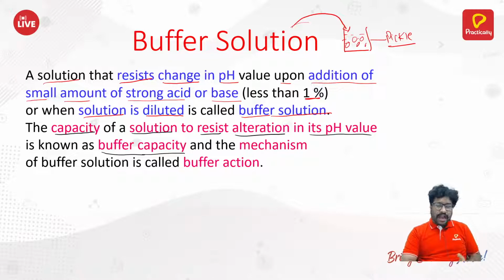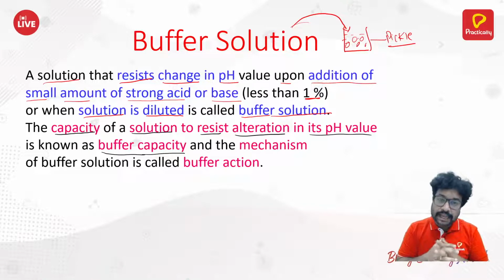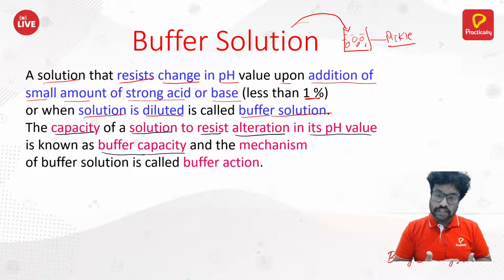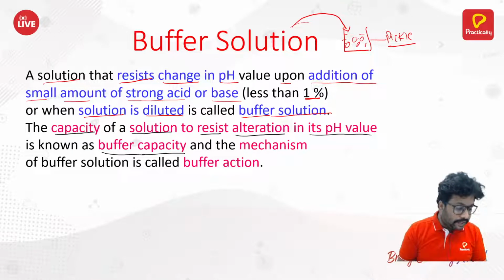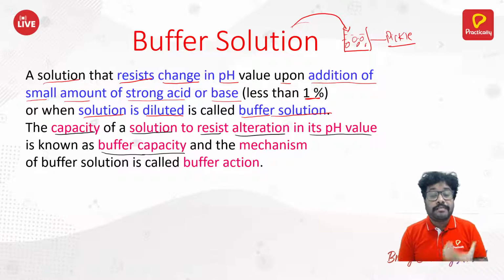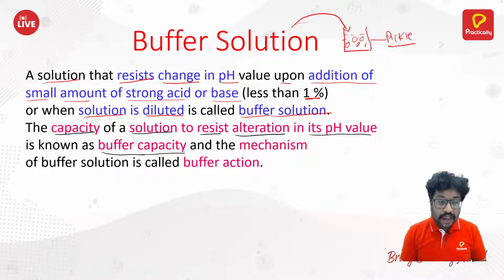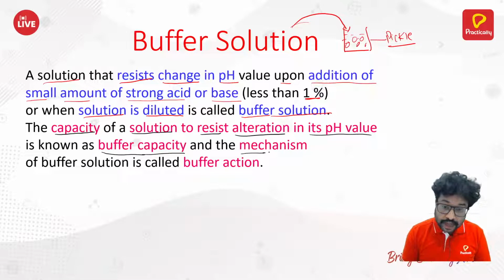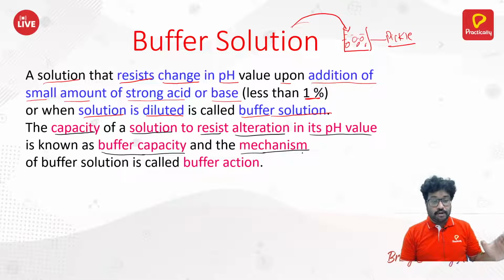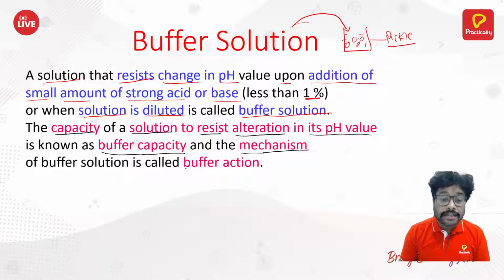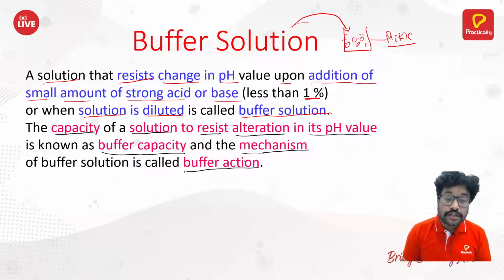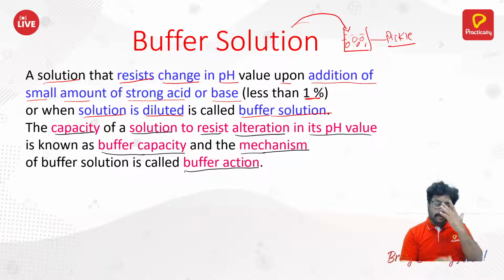See, if you add 1 ml or 10 ml of a solution of an acid into 1 liter of the buffer solution, then how much pH change it is resisting? Then that is called the capacity of a buffer solution. And this whole mechanism of buffer solution is called buffer action.